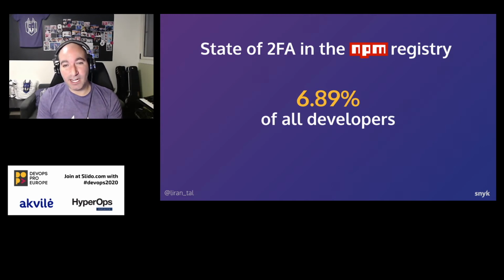This is a stat that is maybe a few months dated, from last year, but still somewhere around 7 or 10% of all developers on NPM have two-factor authentication. This is despite the fact that two-factor authentication has existed on NPM since 2017. For a whole long time it existed, yet a very low amount of the developers on NPM have actually enabled it. So definitely if you have one, you should enable it.